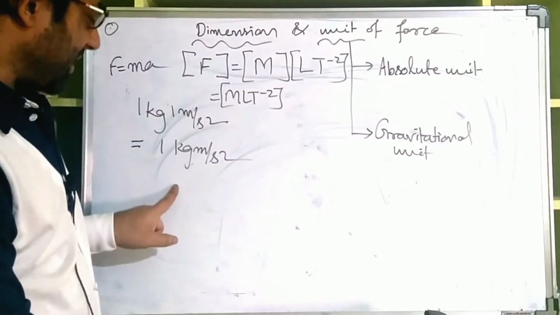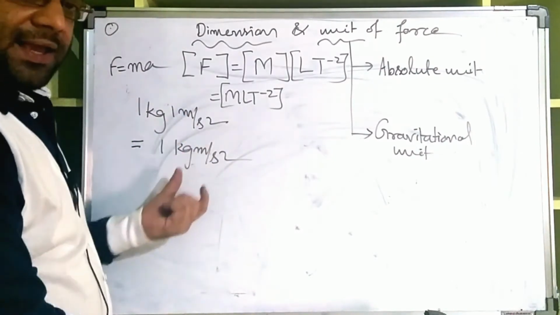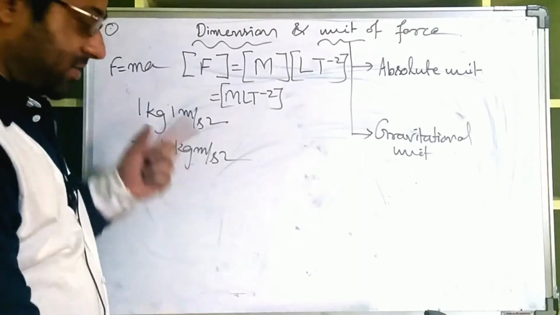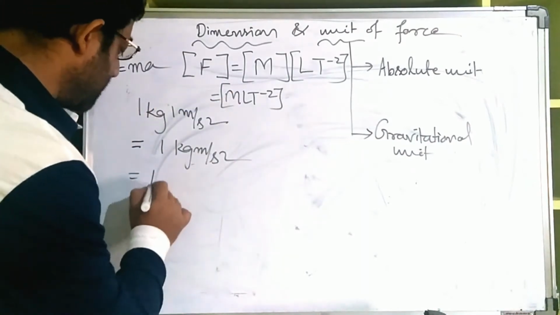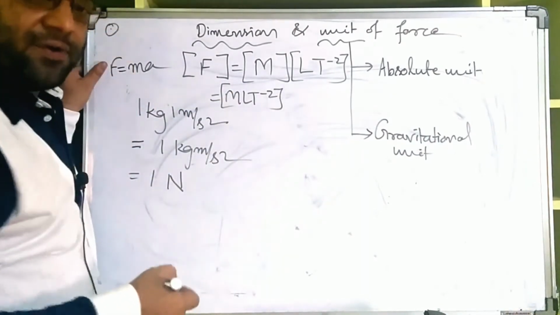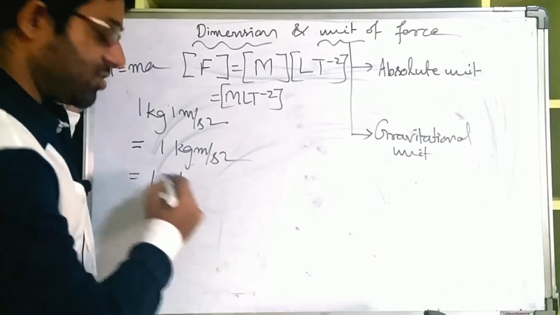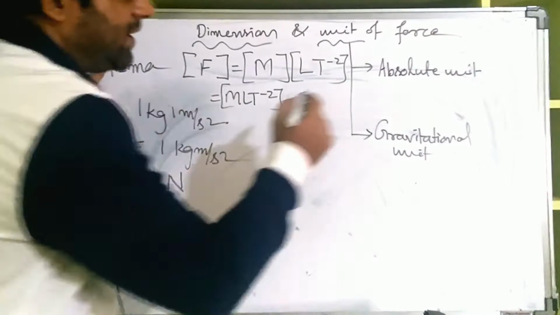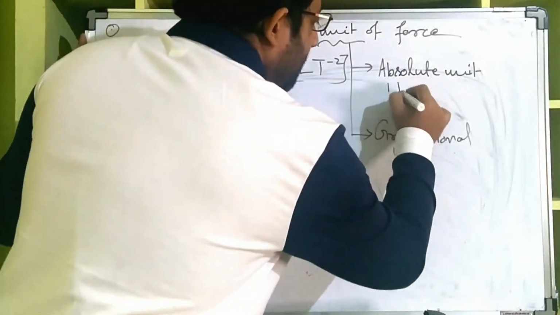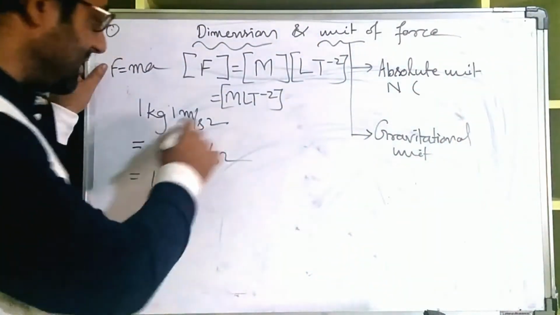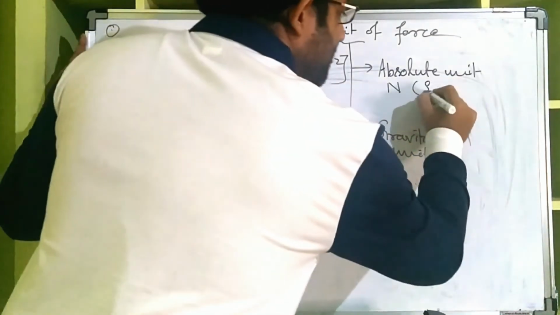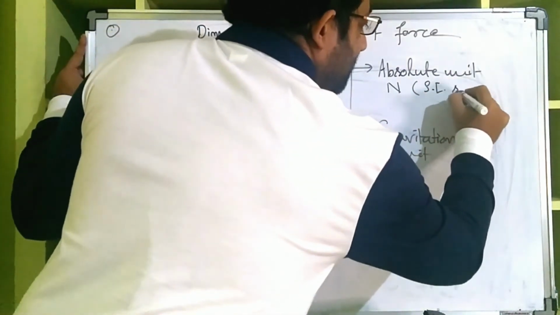Instead of saying kg meter per second square again and again, 1 kg meter per second square is also called 1 Newton, honoring the scientist named Newton. So the absolute unit is Newton, or 1 kg meter per second square in the SI system of units.